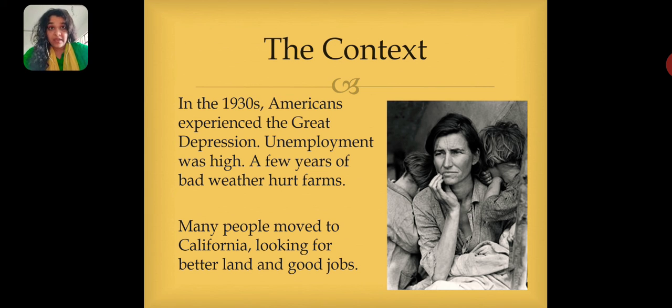Unemployment was high. A few years of bad weather hurt the farms. That means they didn't have work in the field, they didn't have any employment. So many people moved to California looking for better land and good jobs.